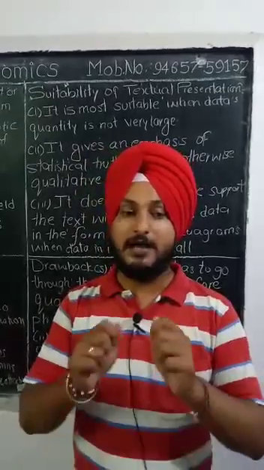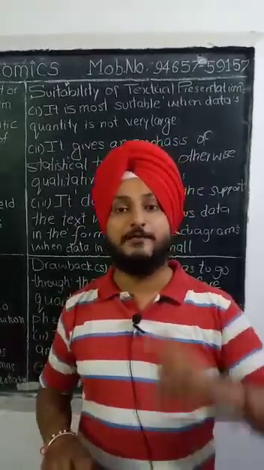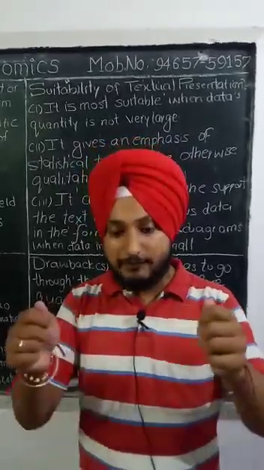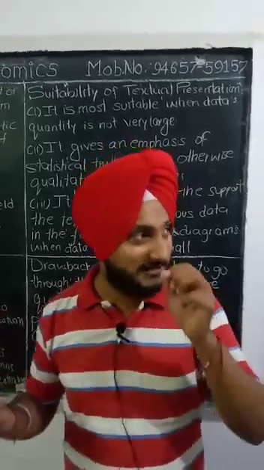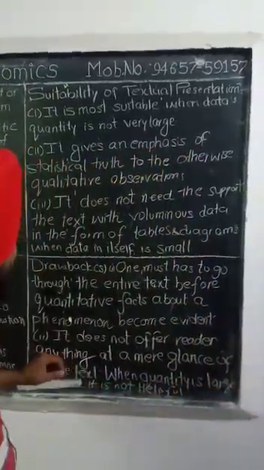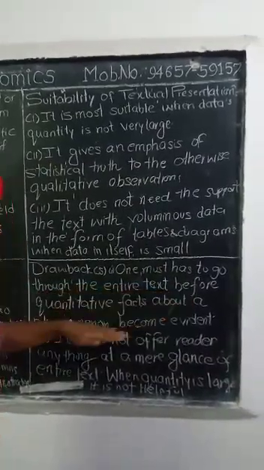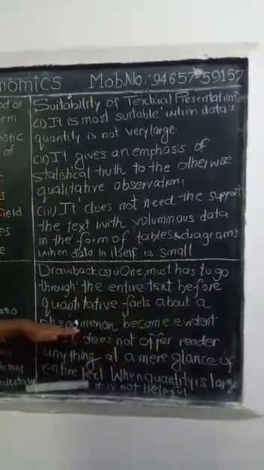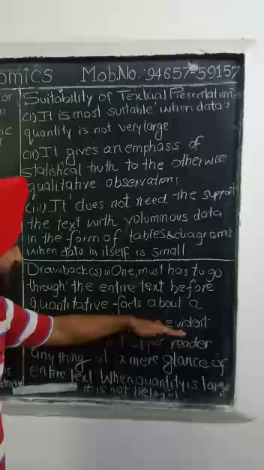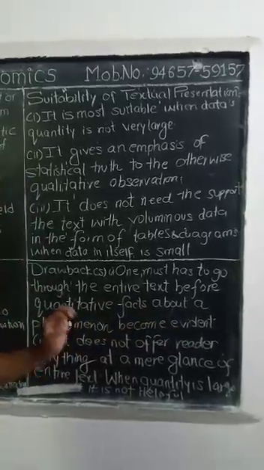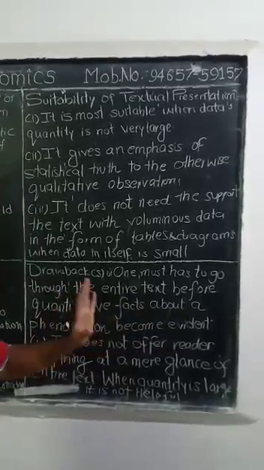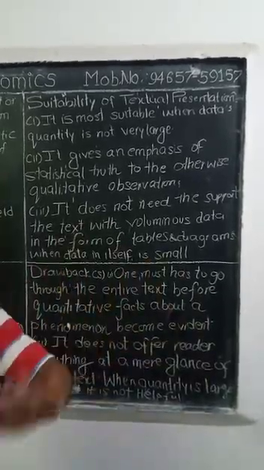Let's take an example of a newspaper. If a paragraph is given, we have to read the whole paragraph if any statistical part has been given. It becomes evident when data is being provided in a paragraph, so we have to go through all the stuff.